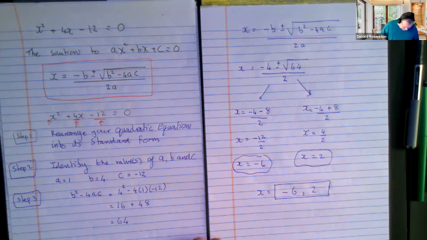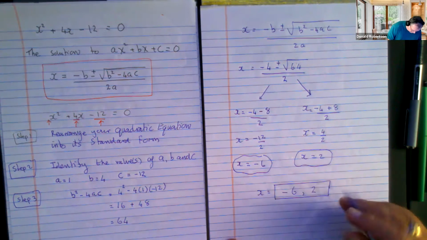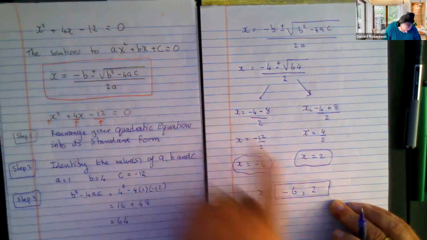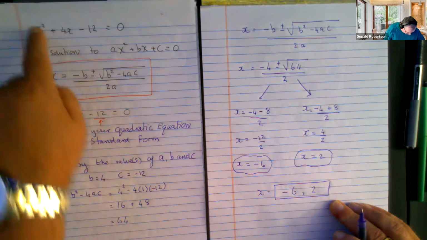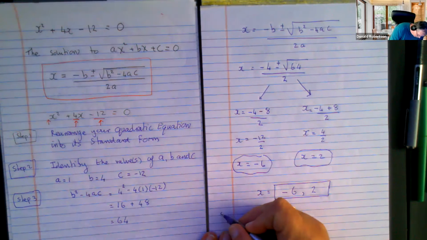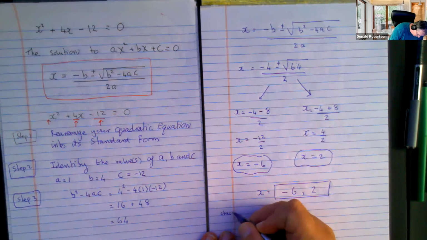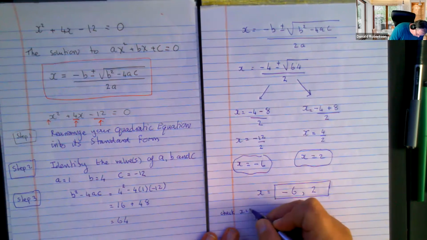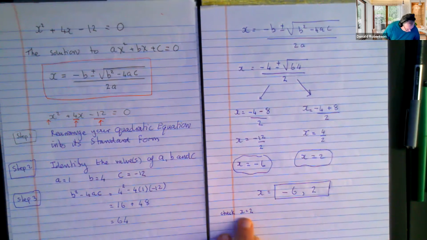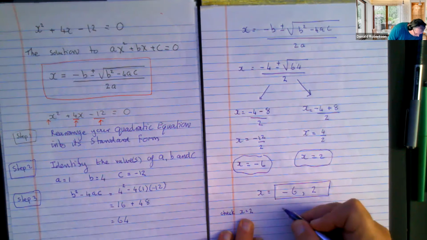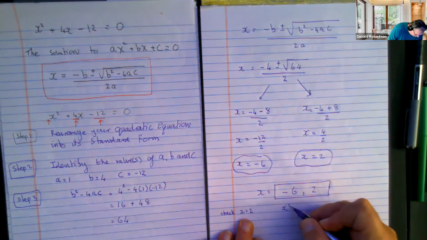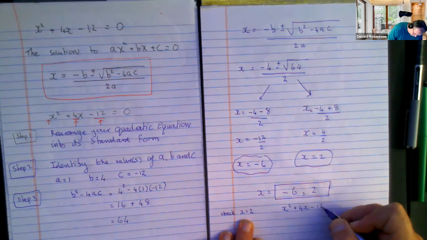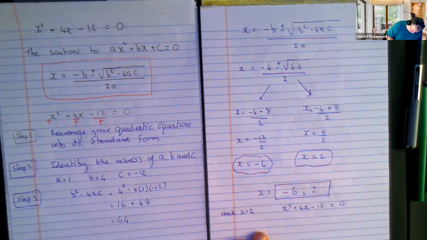Now I could check that this works. In other words, I could check that x equals -6 solves this, and I could check x equals 2 solves this. Normally I wouldn't do that because it requires a lot of time. Secondly, WebAssign will tell you if you've got it right, but let's show you how a check works. If you want to check x equals 2, you essentially put it into the original equation, before you did anything to it, which is that.